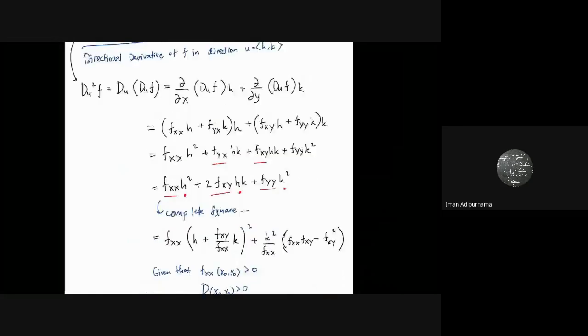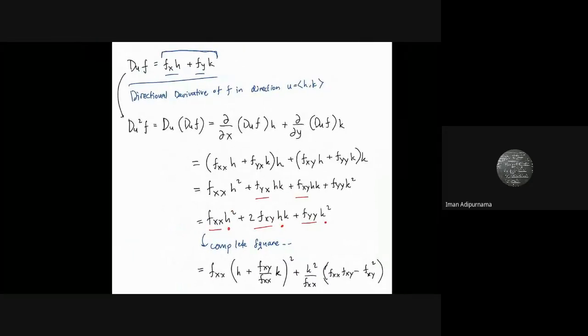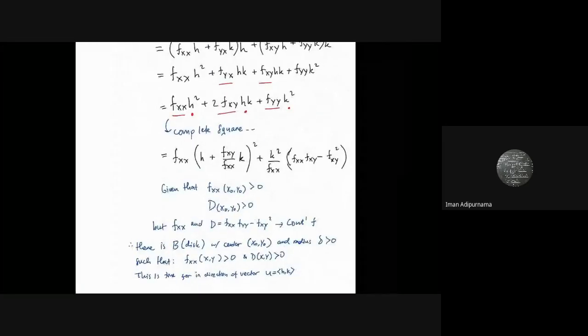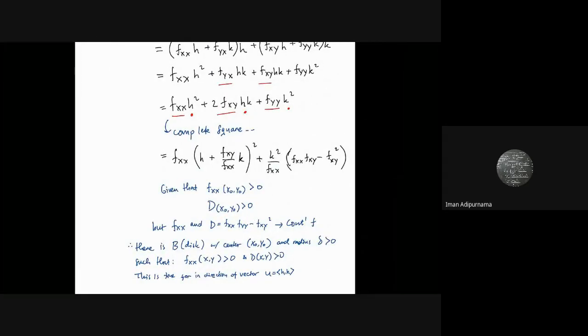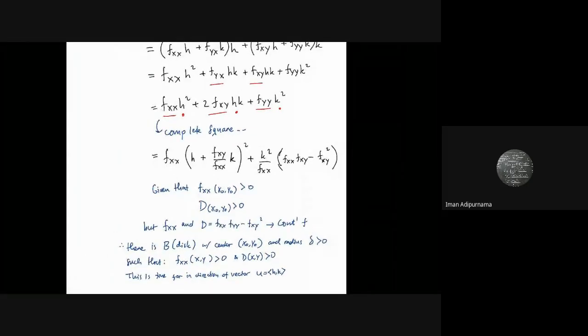So basically you are taking the directional derivative twice, and you get these notions. And this is just to prove that if you get this, then this will be the local max, because it will be going above the other points.